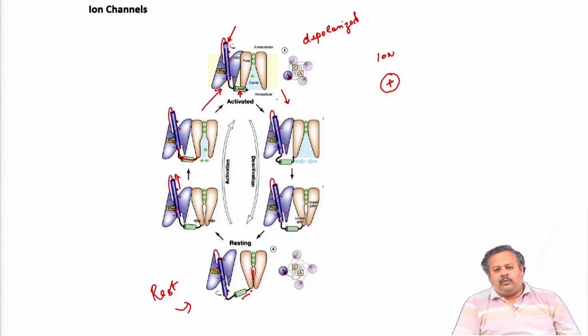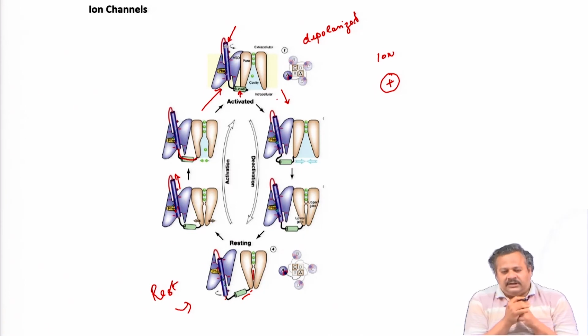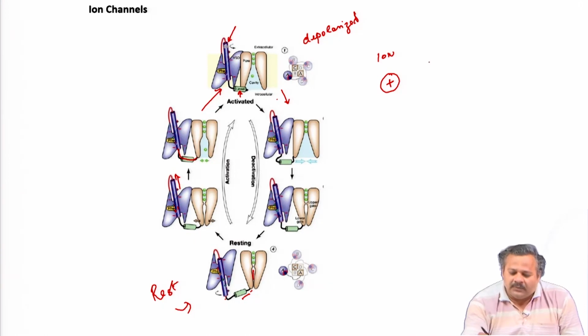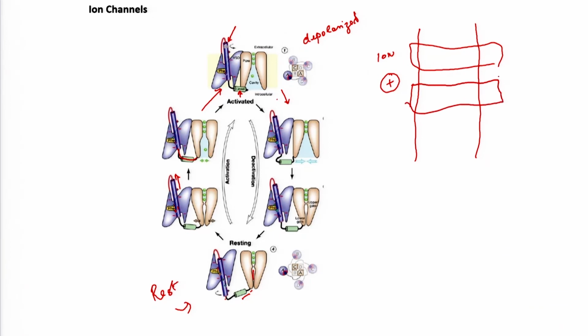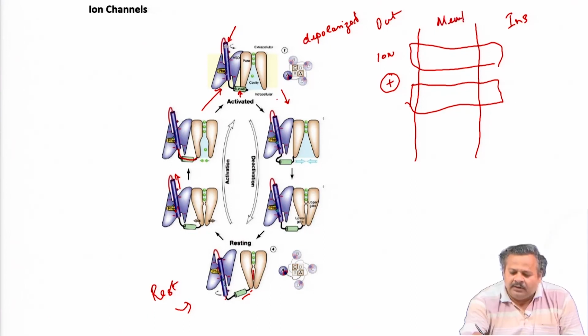Let us say sodium or potassium, all of them are in a hydrogen bonded state, which is very stable energetically. So now if you think of the membrane, the lipid bilayer, and an ion channel that is present. Let us say this is the outside of the neuron, this is the inside of the neuron, this is the membrane.